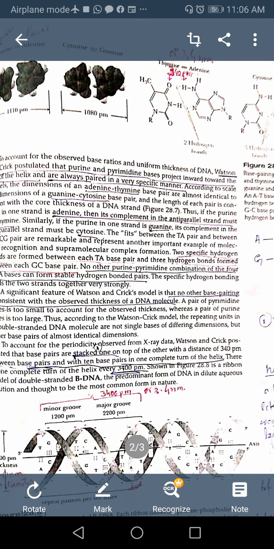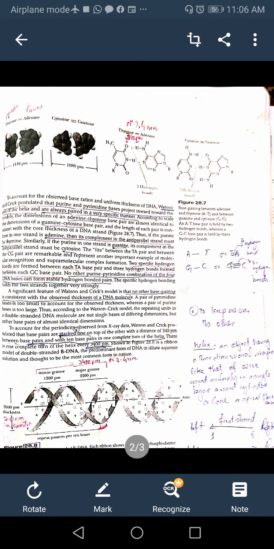The distance between the two base pairs is 340 picometer or 0.34 nanometer. This is the distance between the two bases in two strands of the helical structure.